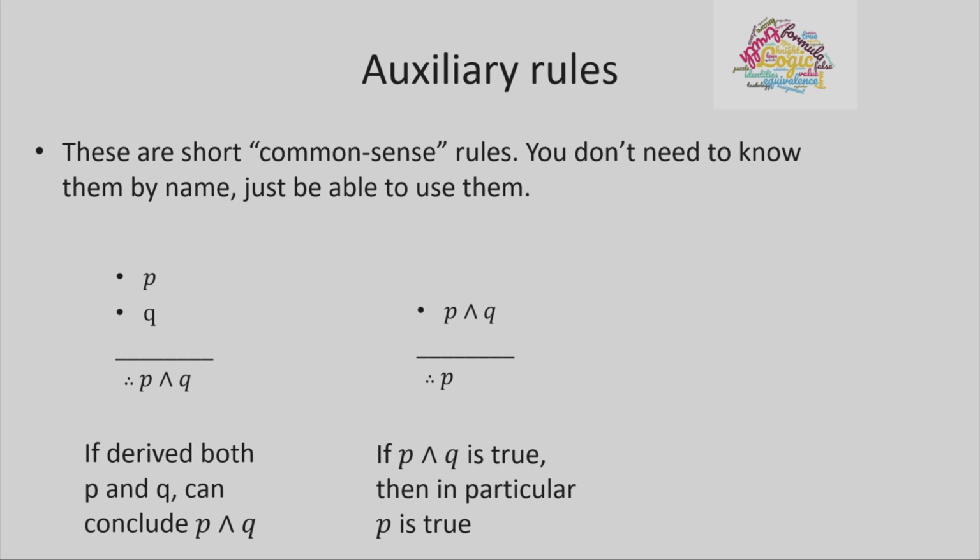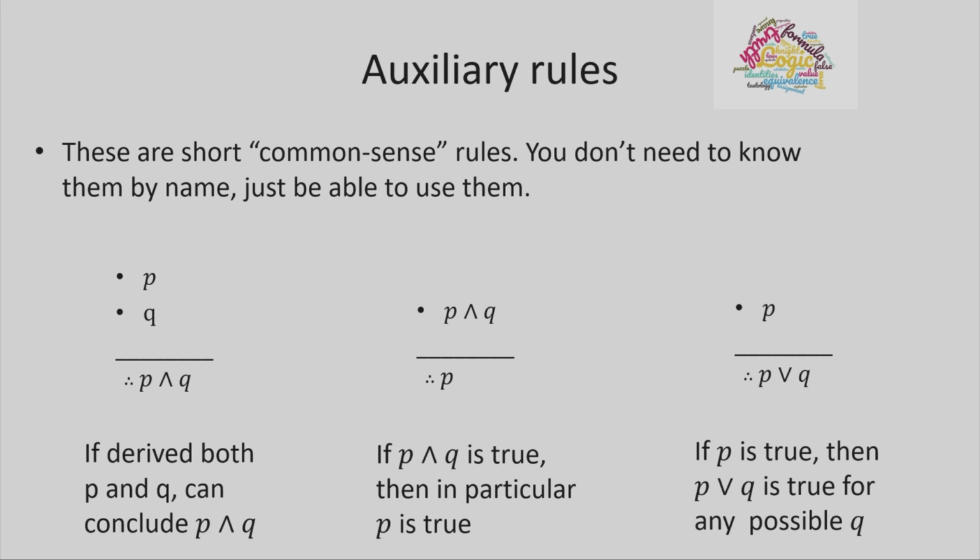If you know both that the tree in the front is elm and that the treasure is not in the kitchen, well, in particular, I know the tree in the front is elm. And the third rule tells you that if you know P, then you could make any sentence P or something and it would still be true, just because remember, true or anything must be true.